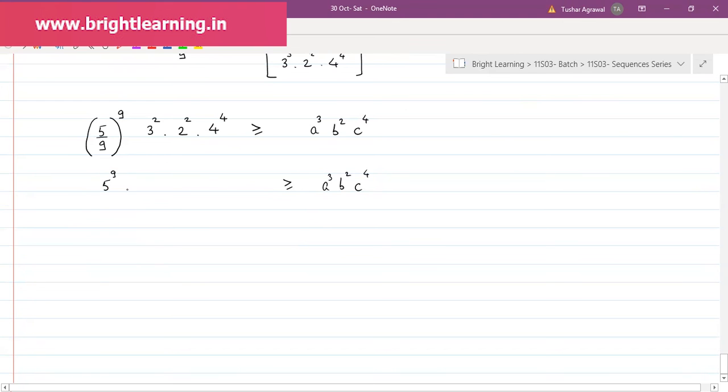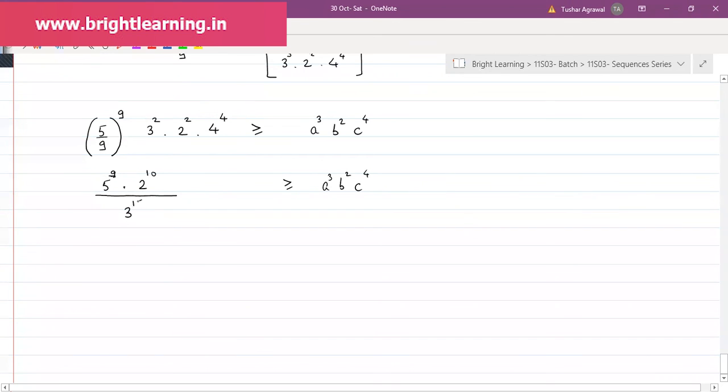It will be 5 raised to 9 multiplied by 2 to the power how much? 4 means 2 square, and 2 square complete to the power 4 means 2 to the power 8, and with this 2, it will be 2 to the power 10, divided by 3 to the power, this is 3 square, 9 is 3 square, and 3 to the power 18, and this 2 over here.